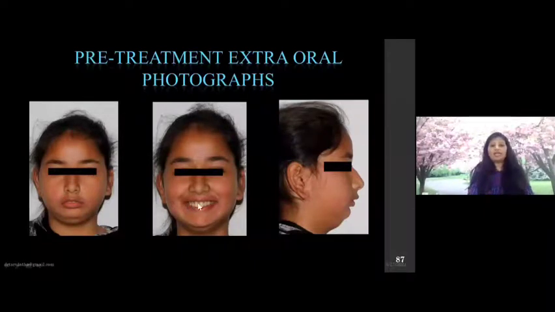In smiling, I can see buccal corridor areas negative. And then in profile view, I already explained, she has a convex profile, then a double chin, hyperactive mentalis muscle, ventolabial sulcus which is deep, and high acute nasolabial angle.